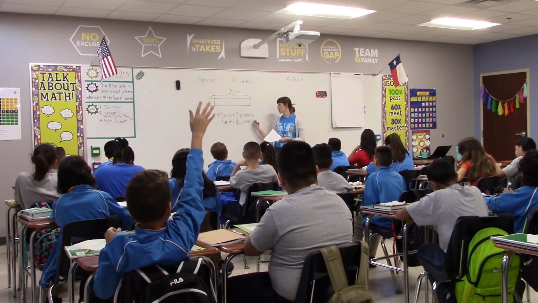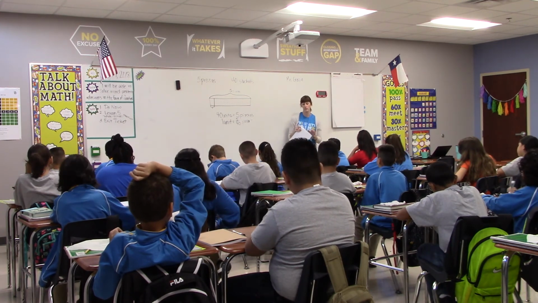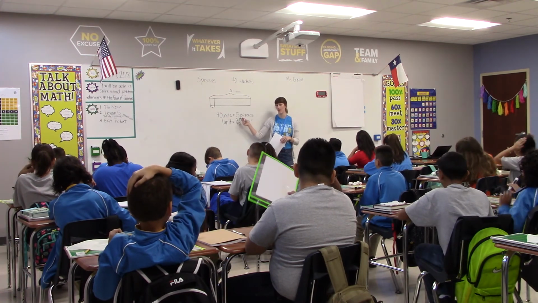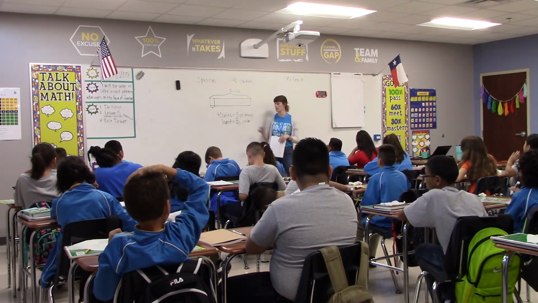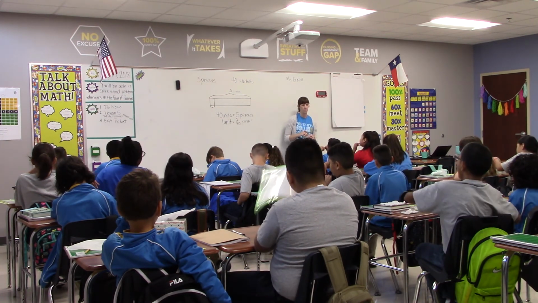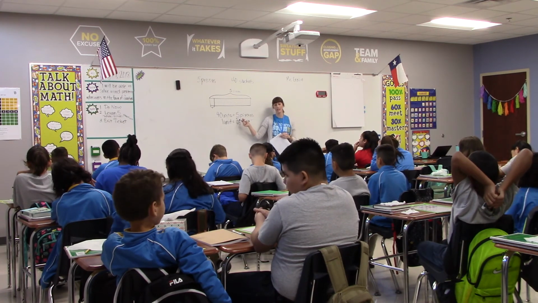Okay. Let's talk about it in terms of fractions. My fraction is 5 40ths. I know that these two numbers have a common factor. What's the common factor between 5 and 40? What number can I divide each one of these by?